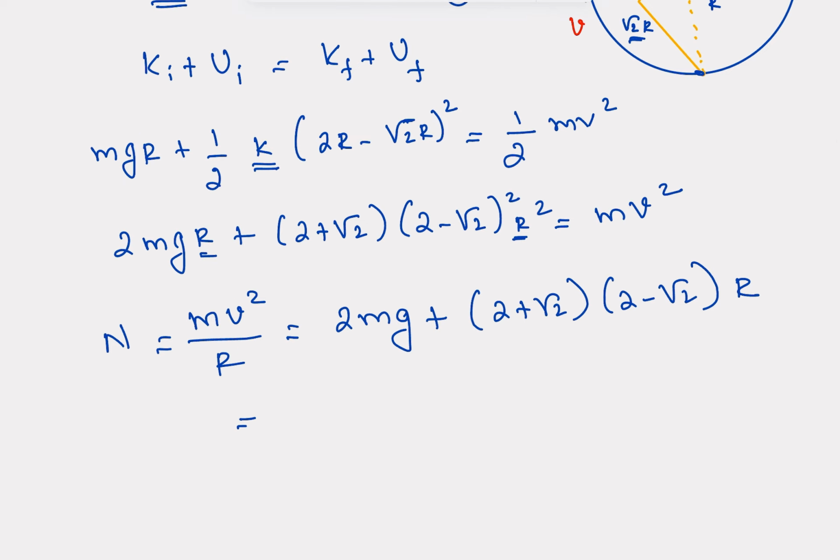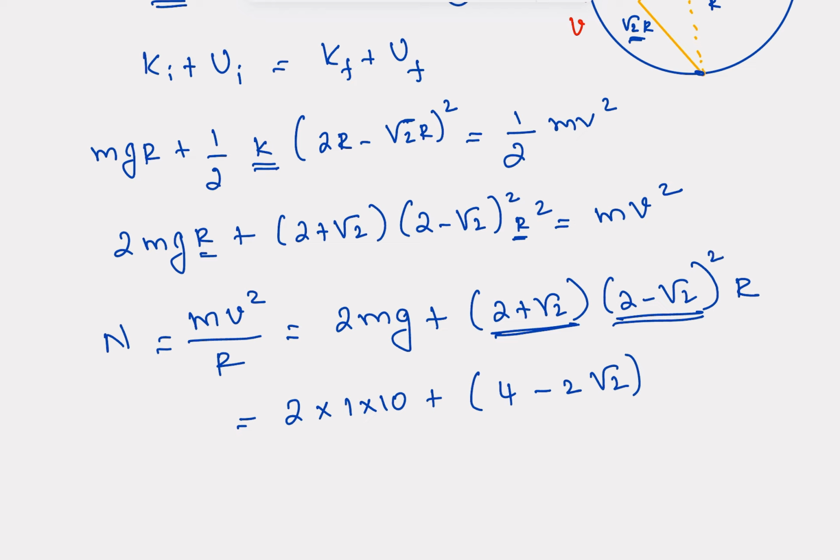If I solve that, I'll substitute all the values. Here 2 into mass, which is 1 kg, so 1 into g, approximately 10, so this is 20. Plus, you know how to simplify this. I can rewrite this as 4 minus 2 root 2, and there is a square term here, don't forget that.